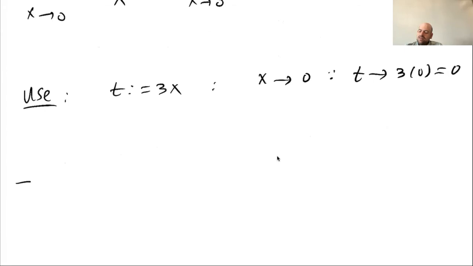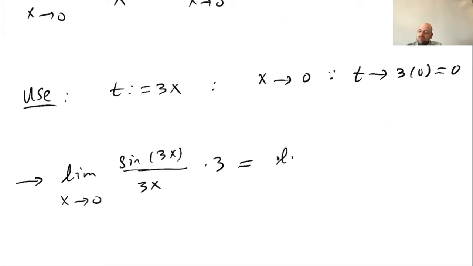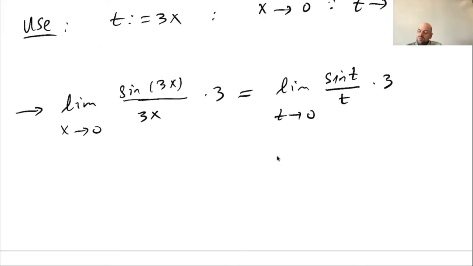So I can say that the limit of sine 3x over 3x as x approaches 0, times 3, is equal to the limit of sine t over t as t approaches 0, times 3. And this one we already know is 1. So 1 times 3, the answer is 3.